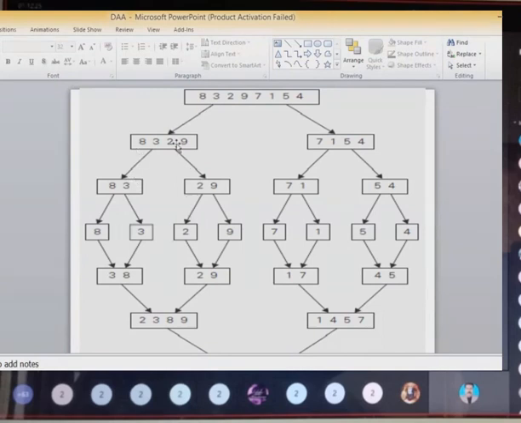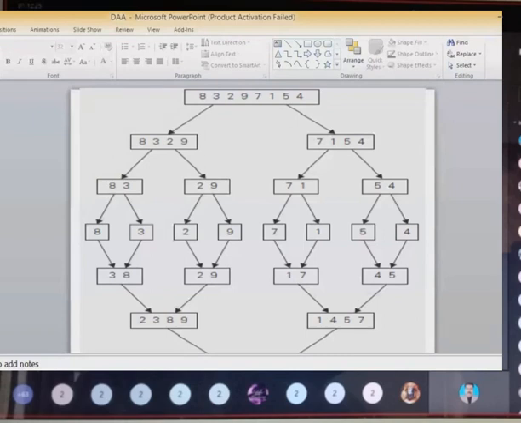This 8329 array is the B array, and 2389 is the B sorted array. The 7154 is the C array, and 1457 is the sorted array. Now, up to this point, 2389 as the B array and 1457 as the C array, is the first pseudocode, right?